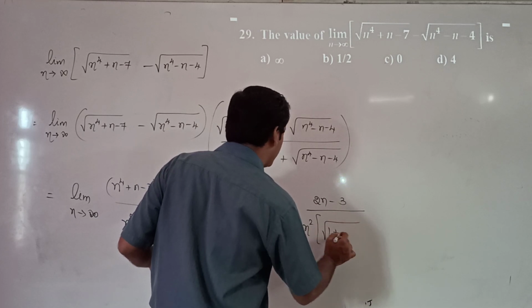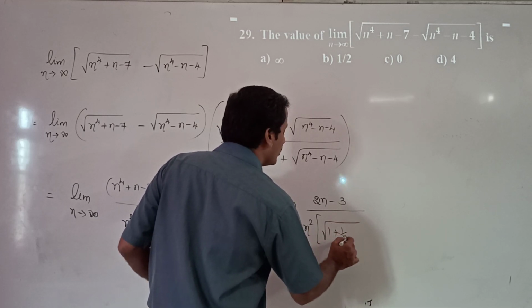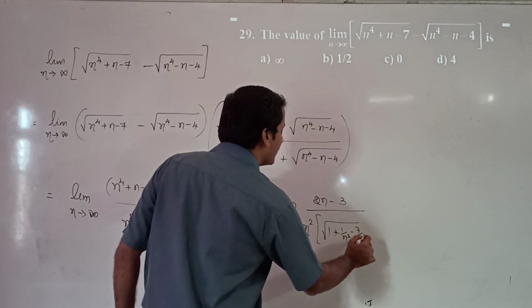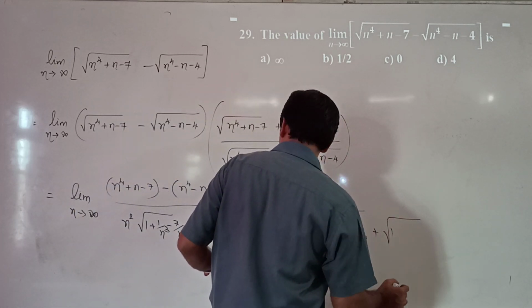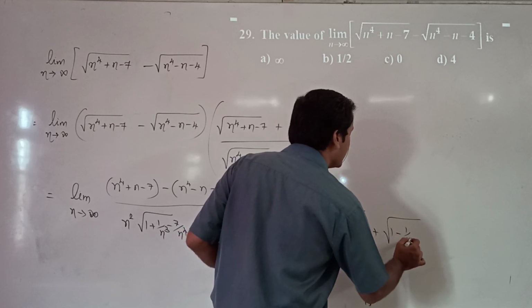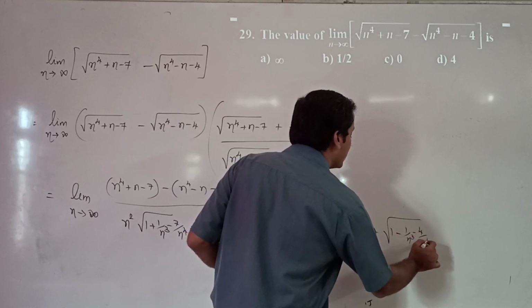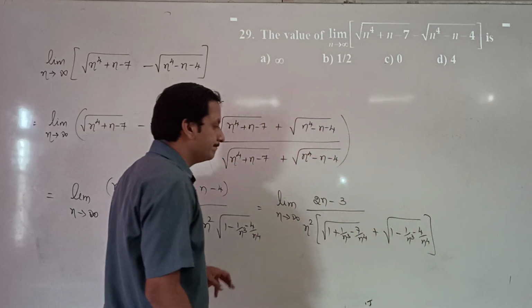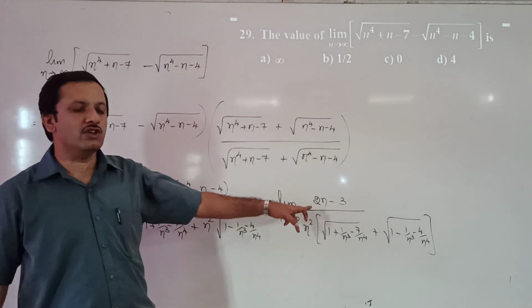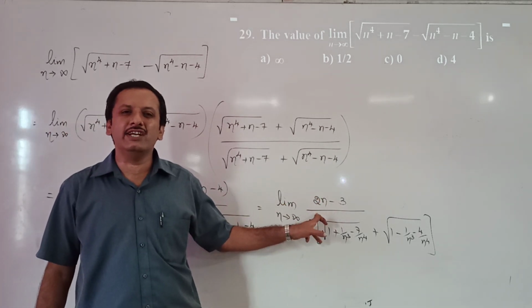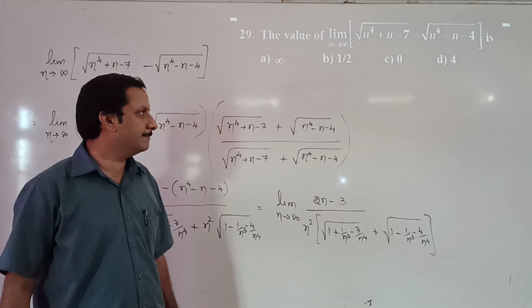Root of 1 plus 1 by n cube minus 7 by n power 4 plus root of 1 minus 1 by n cube minus 4 by n power 4. Okay. Now I will take n as a common factor in the numerator. Then we will have n into 2 minus 3 by n.